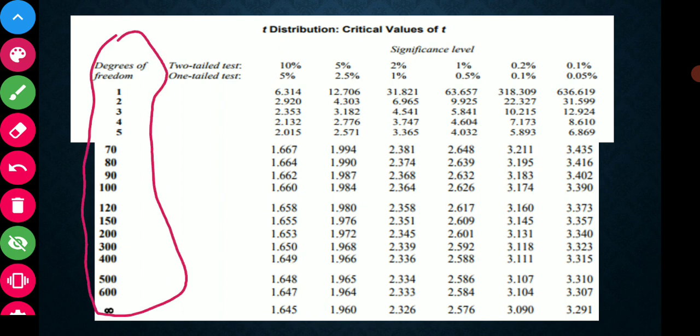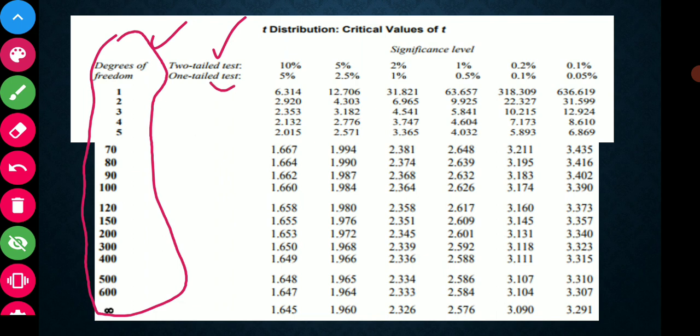We will be seeing how to read this table again when we discuss the different test criteria, that is, the T test, F test, Z test, chi-square test. At that time also we will be seeing the table. So just remember, on one side there will be degree of freedom, which we have already studied, and then you can see the two-tailed test and one-tailed test.